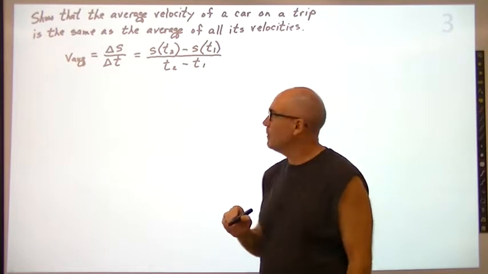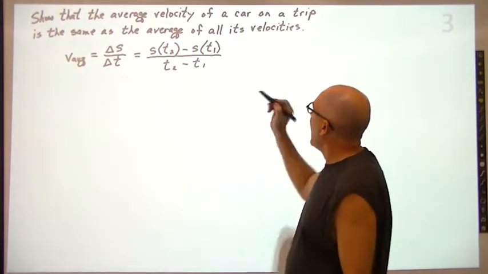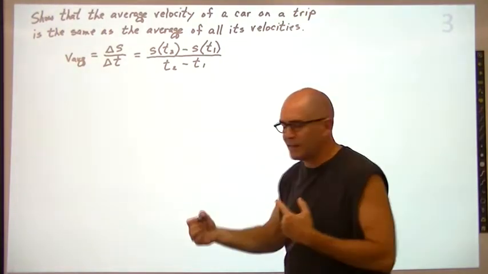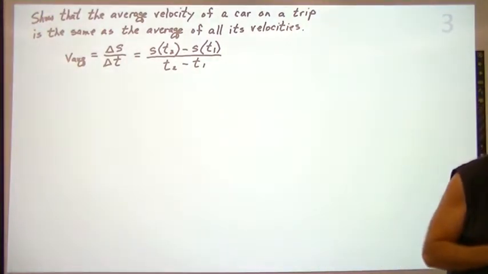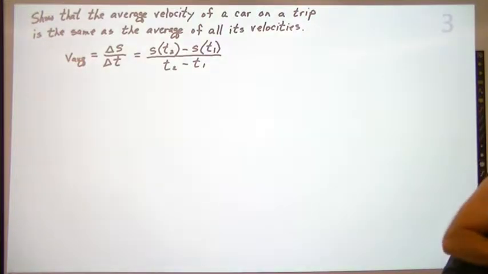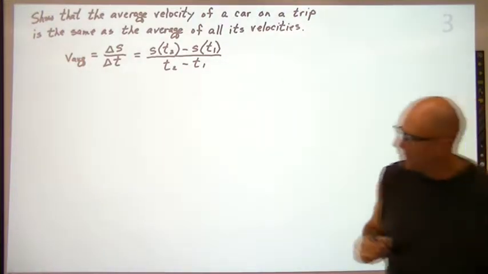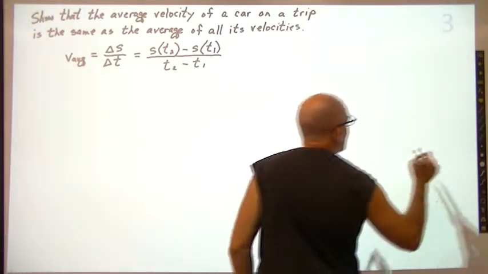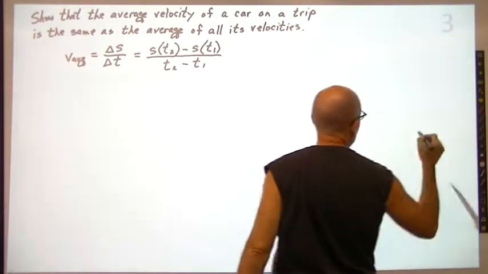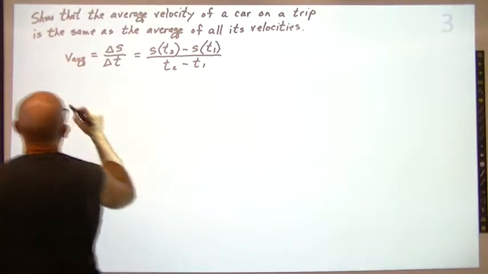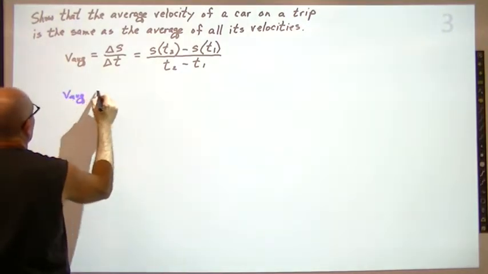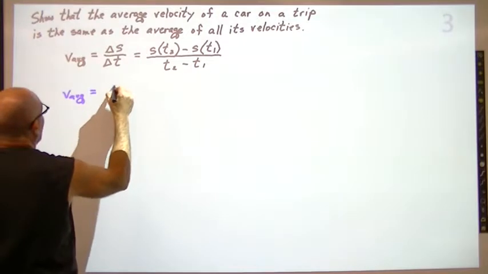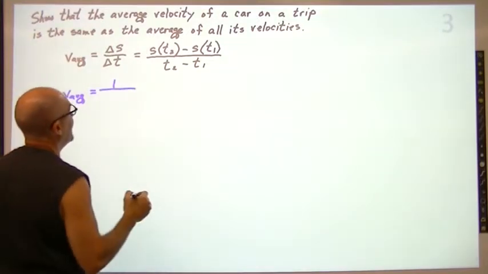So now, the average of all its velocities. So this is going to take some calculus. So we say the average of all its velocities. We'll do this in blue now. One over b minus a.